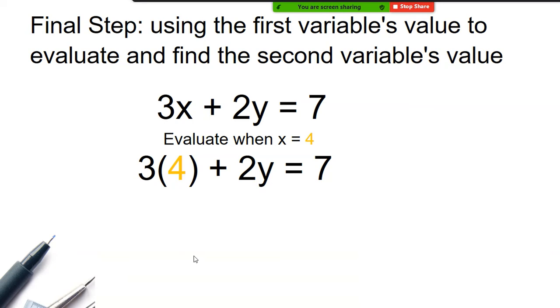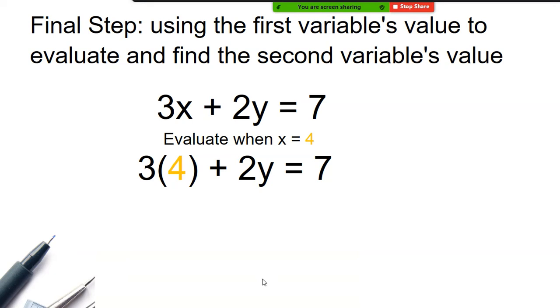So I want you to notice that instead of writing the variable x, I wrote the value of 4. 3 times 4 plus 2y equals 7. And what we're going to do is we are going to evaluate this equation.